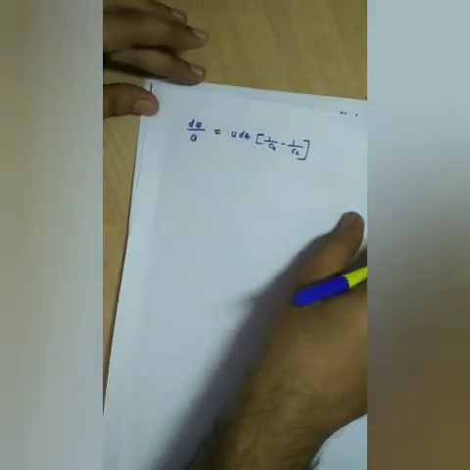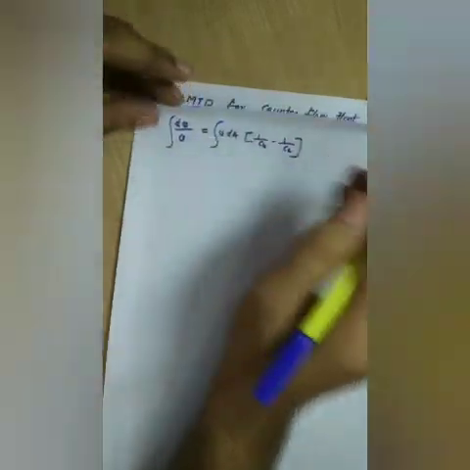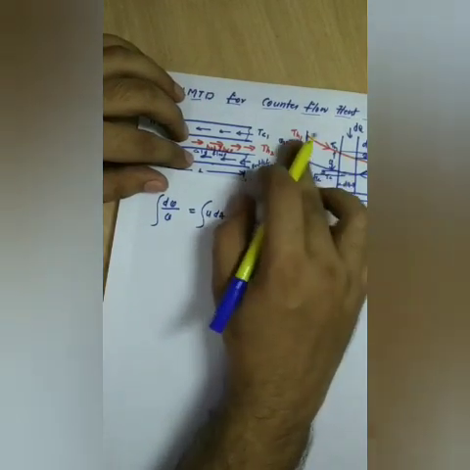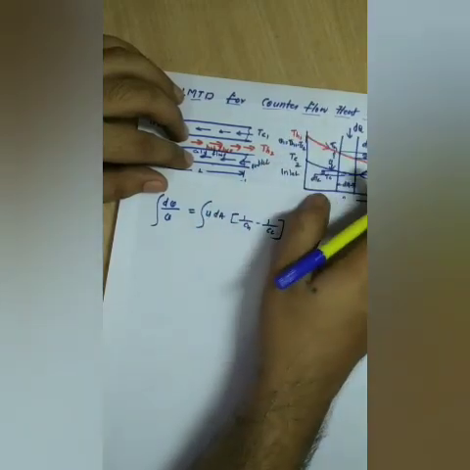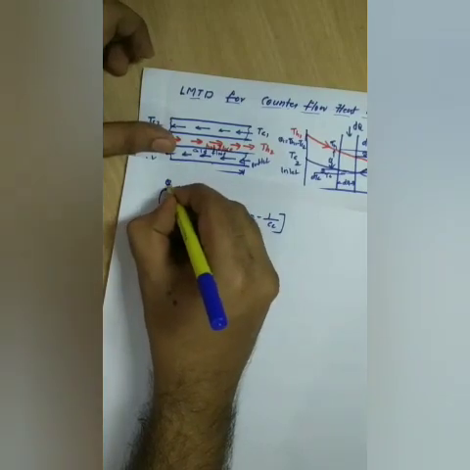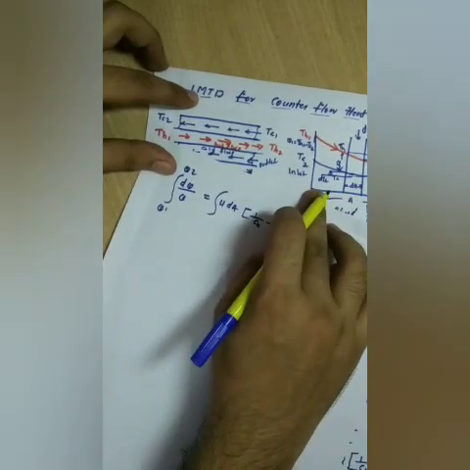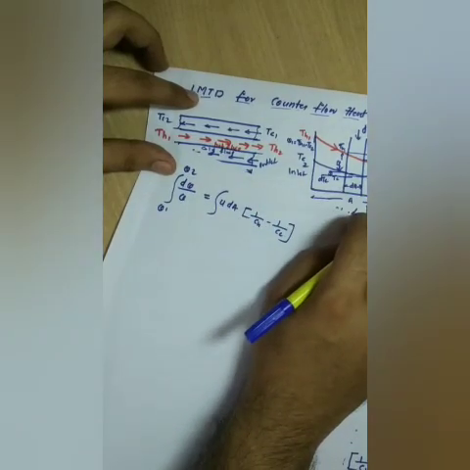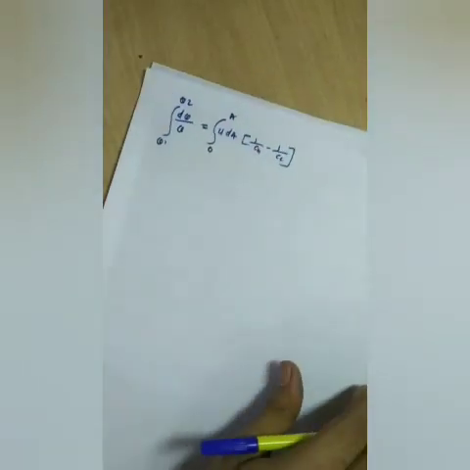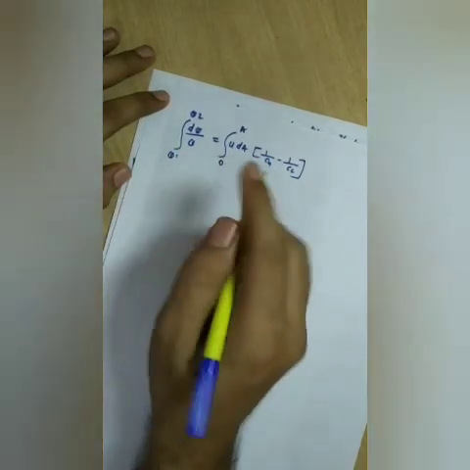Now I can integrate it after applying the limits. Theta is changing from theta 1 to theta 2, and the area dA is changing from 0 to the total area A. So 1 by theta d theta is log theta.